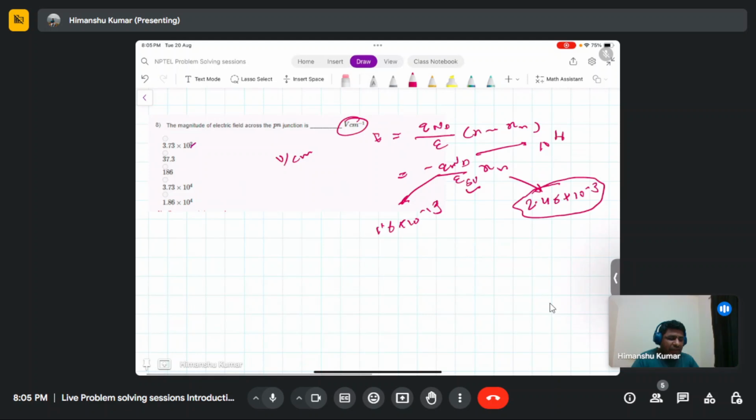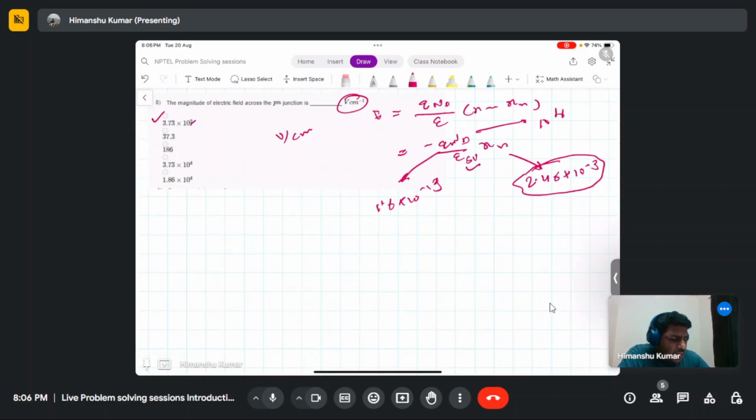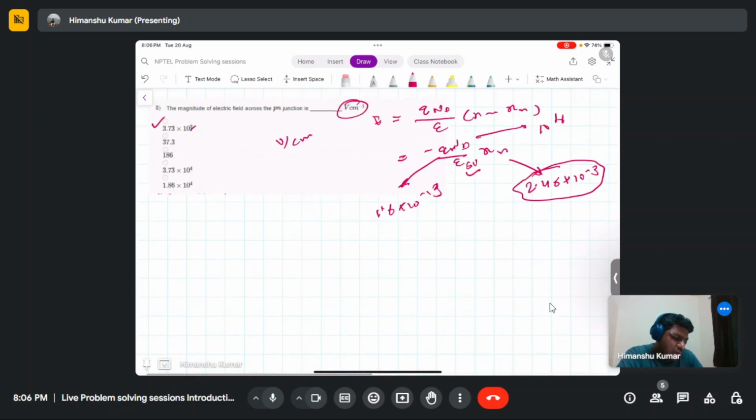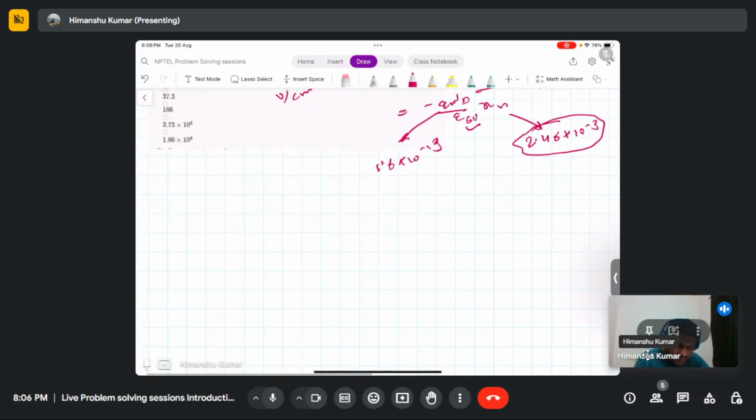So be aware of the units. Actually this problem is mostly about the units. If you plug in values correctly, then you will get the correct answer. If you have any doubt, I will pause for some time and then we will move to the next problem.